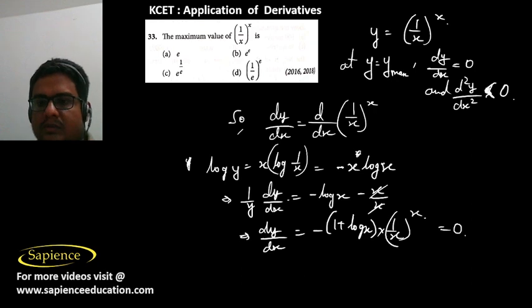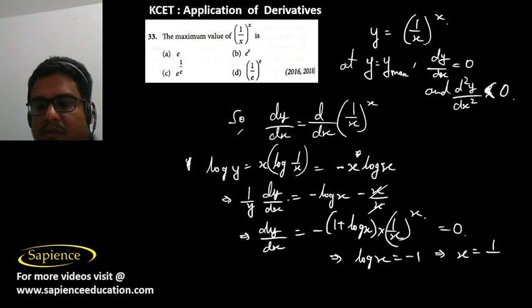So this should be equal to 0. That should be equal to, so that x should be equal to e power this one.